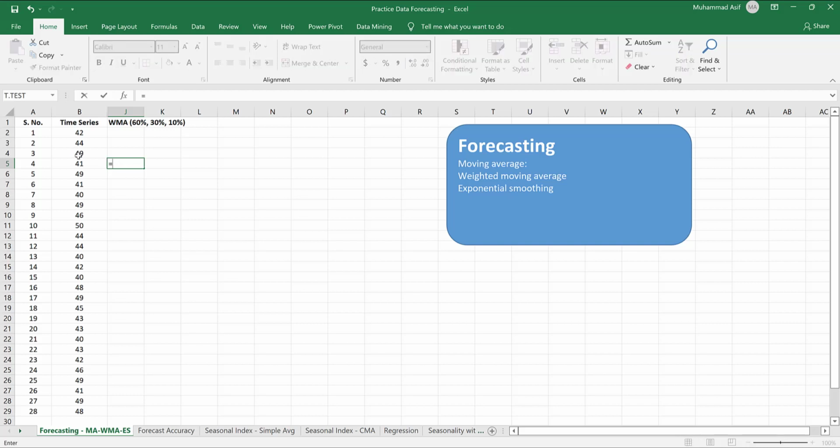So that will be 49, and that will be multiplied by 0.6, and that's the highest weight, and then plus 44, and that will be multiplied by 0.3 plus 42 multiplied by 0.1, and that gives 46.8.